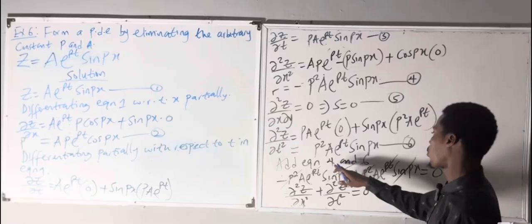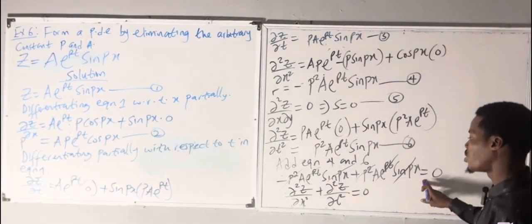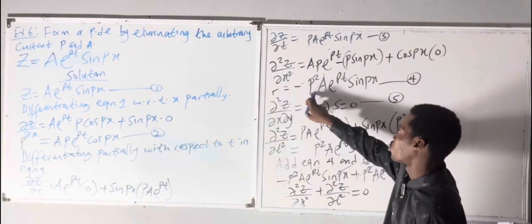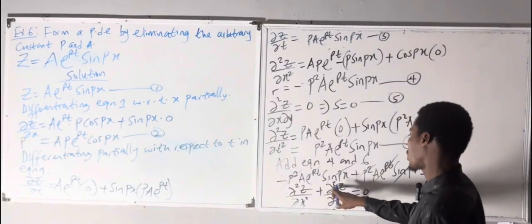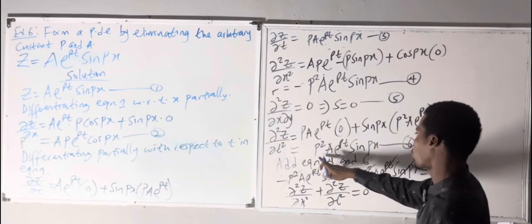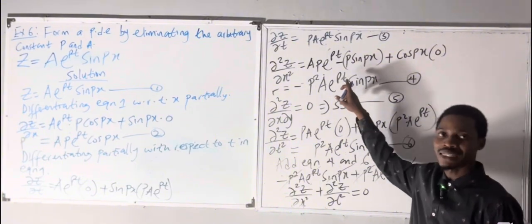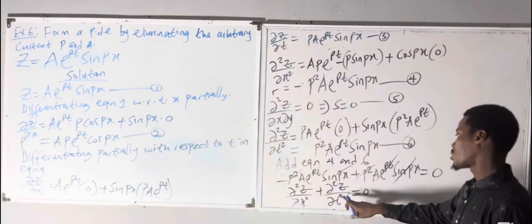When I add equation 4 and equation 6 together, I have this and this, which give me 0. Equation 4 is del square z over del s square equal to minus p square a exponential pt sin ps, plus del square z over del t square, which is p square a exponential pt sin ps. When I add del square z over del s square and del square z over del t square, I have 0.